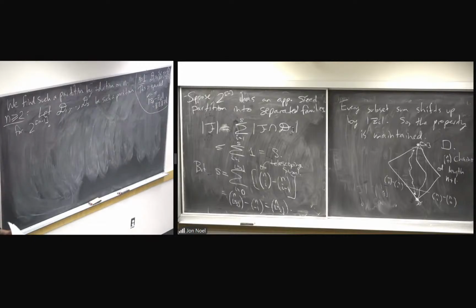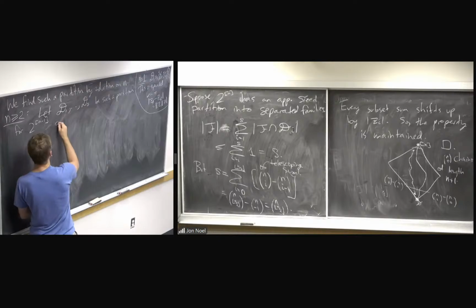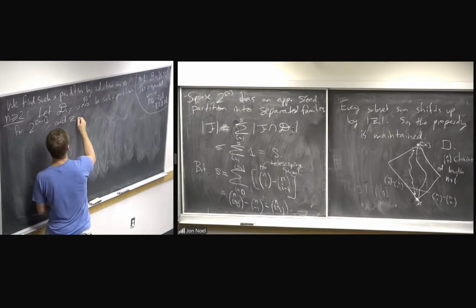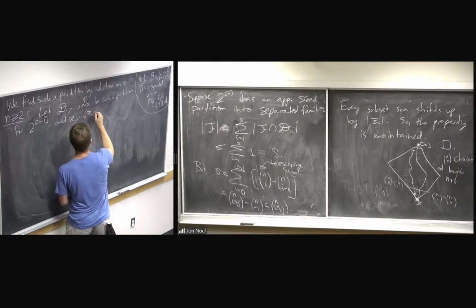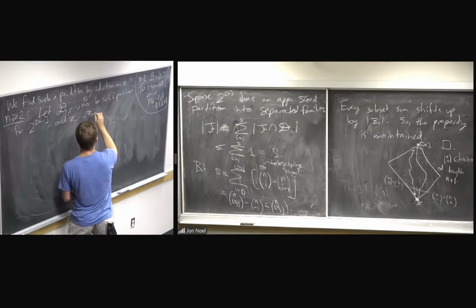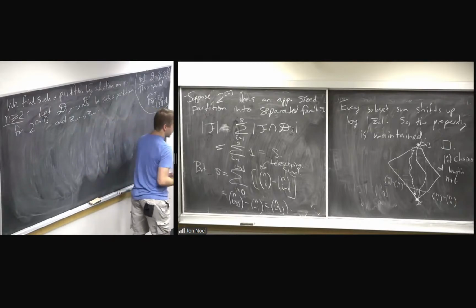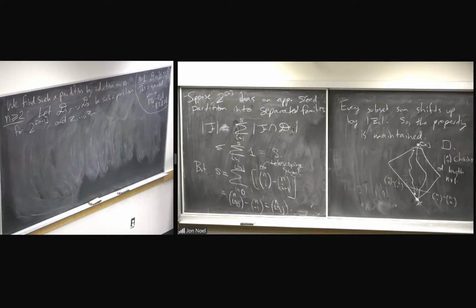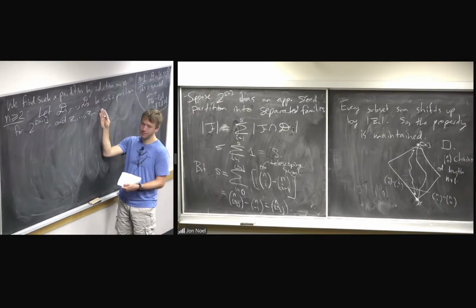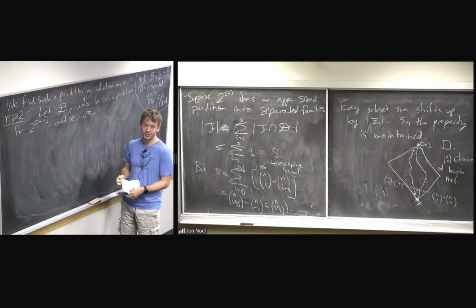And I should also say this depends on z1 up to z(n-1), because the separated property depends on the z's. But to be clear, we just ignore the number n and use induction.